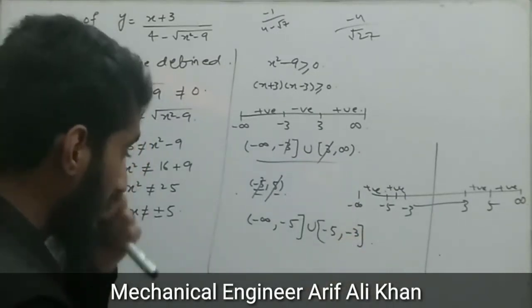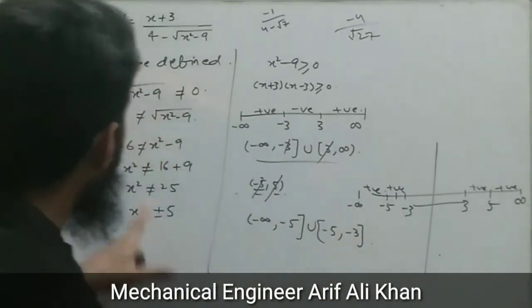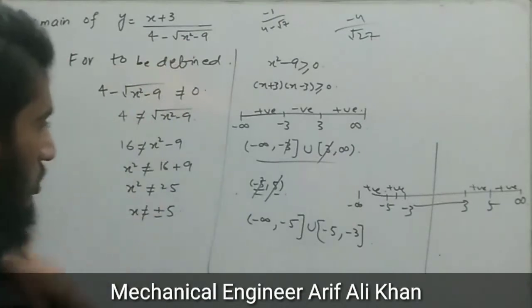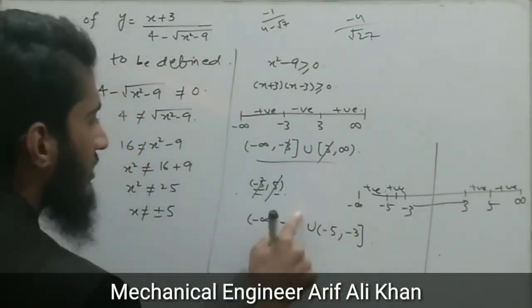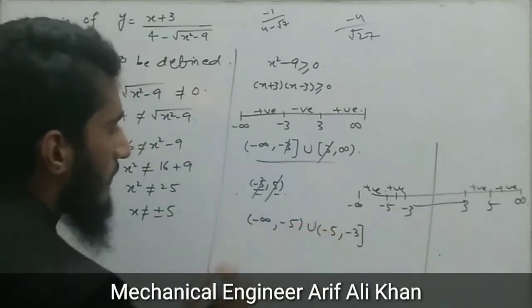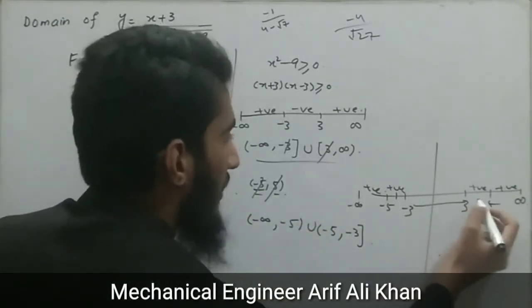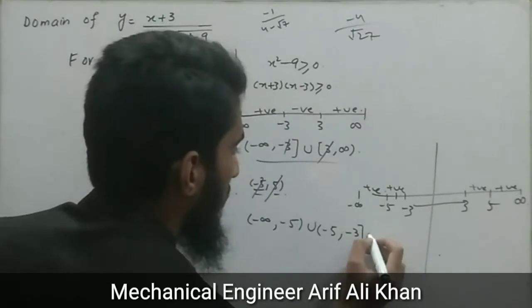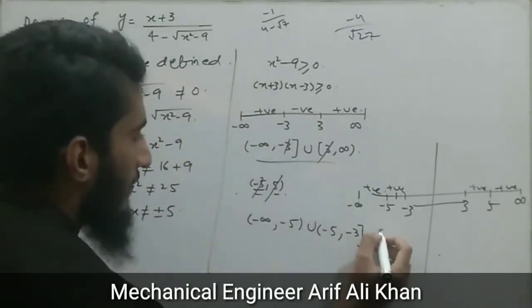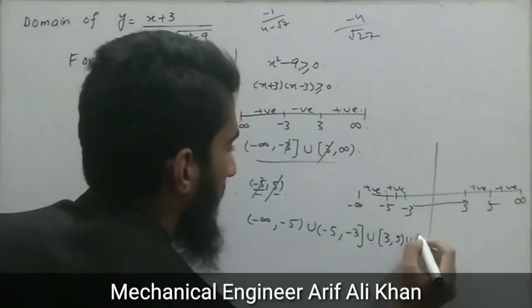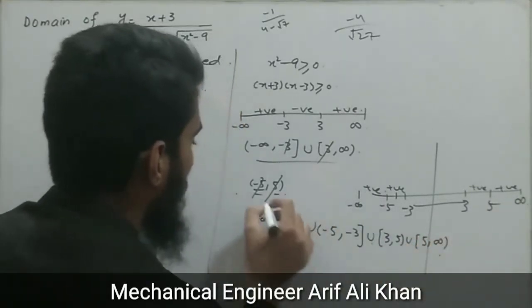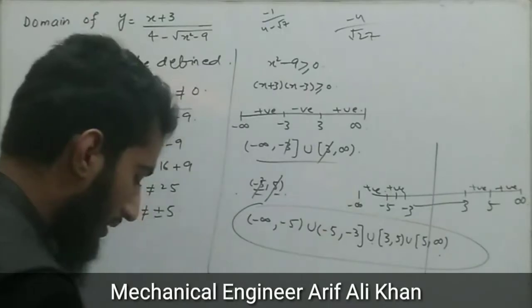With 5 we write an open bracket because it cannot take 5. So our solution is from 3 to 5, union 5 to infinity. So this is actually the required and desired domain.